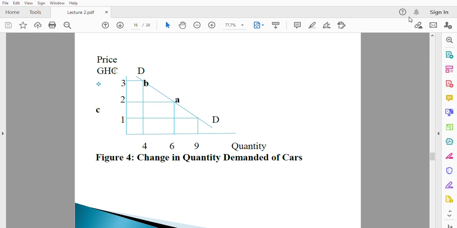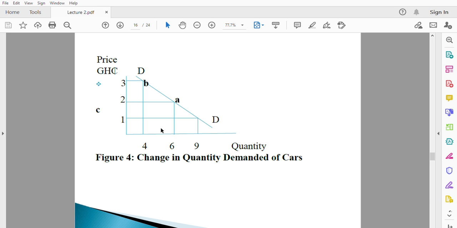So this is a demand curve. If the price of the commodity decreases from 3 to 2, at 3 the quantity was 4. The price decreases from 3 to 2, and the quantity demanded increases from 4 to 6.